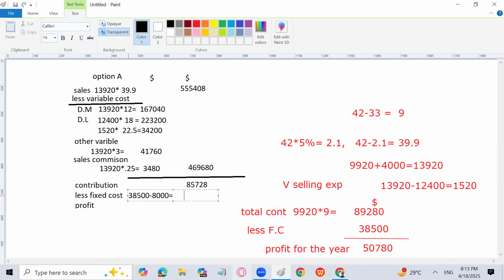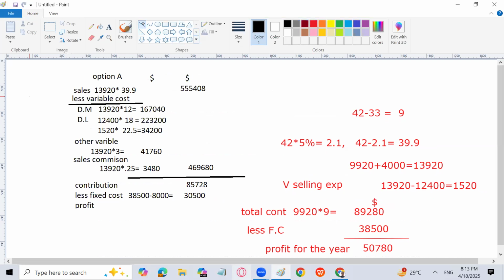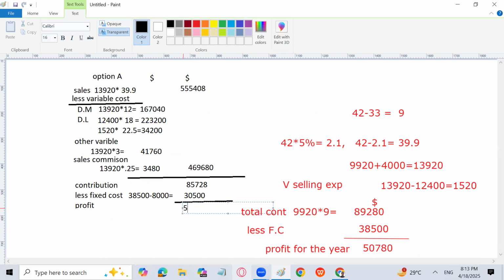So that will become 30,500. And we'll subtract it. We'll have the profit for the year: 55,228. So it is increased by 5,000 almost, right?